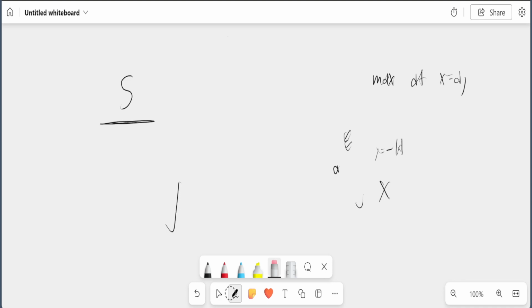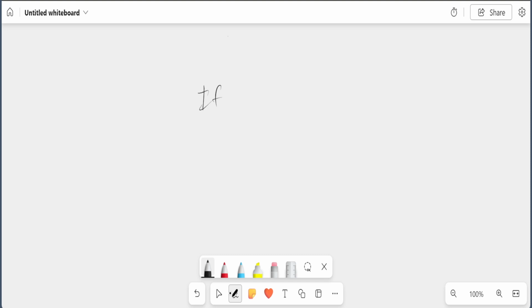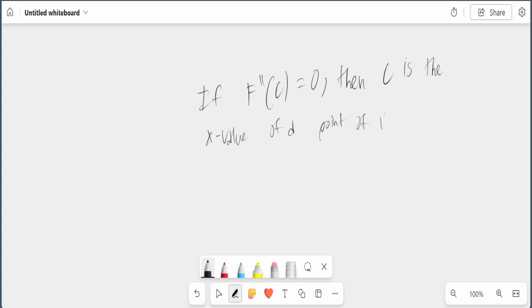This is the part where I think most people lose their points, if I remember from last year. If f double prime of c is equal to 0, then c is the x value of a point of inflection. Always, sometimes, or never?